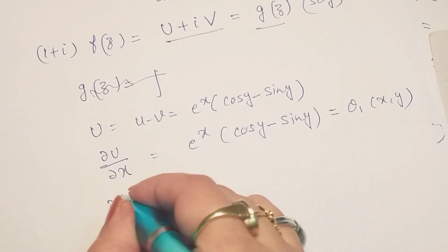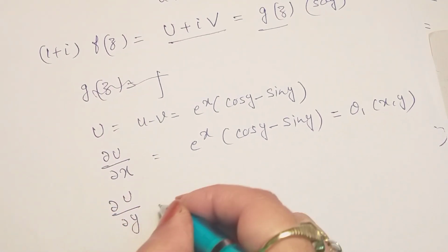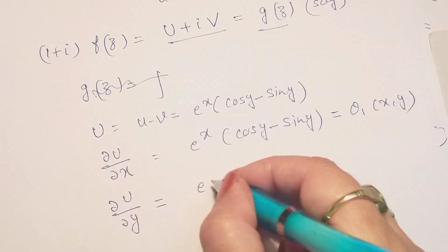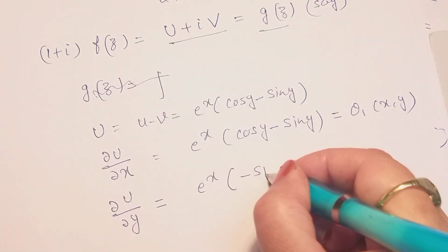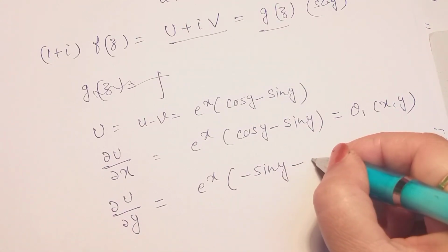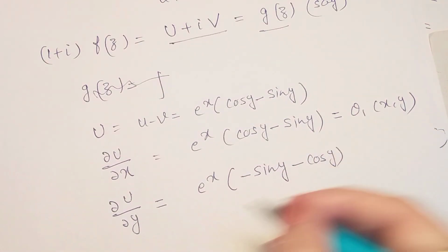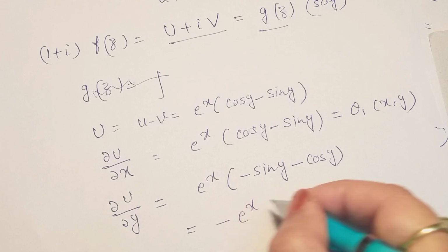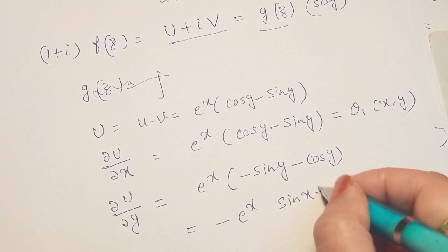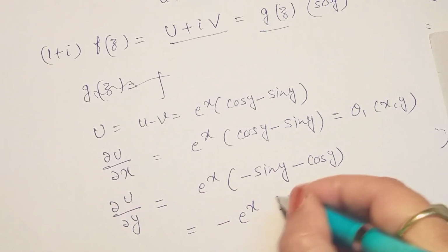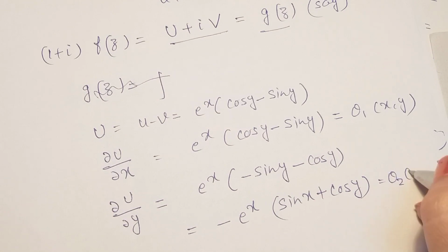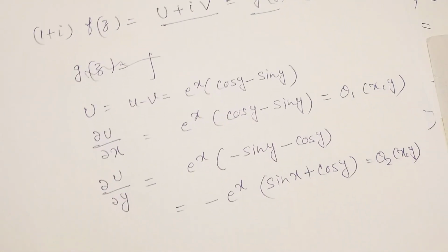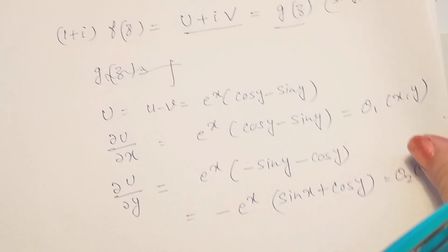Now again we differentiate this function with respect to y. We will get e to the power x (minus sin y minus cos y), or minus e to the power x (sin y plus cos y). It is our function theta 2 (x, y).